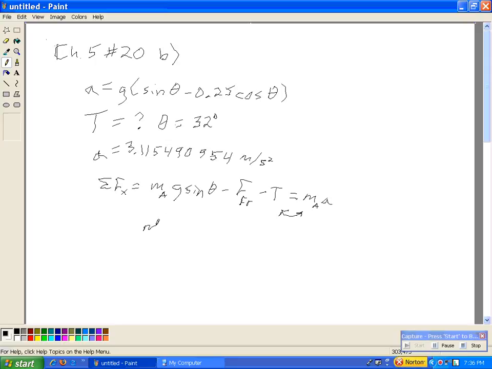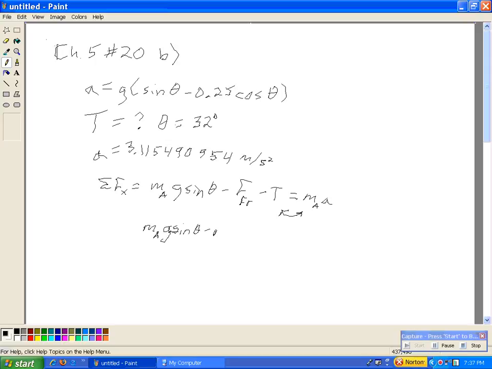So then we get mass A times gravitational acceleration sine theta, and I'll break this out.